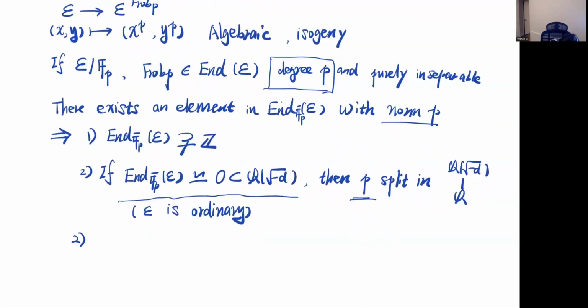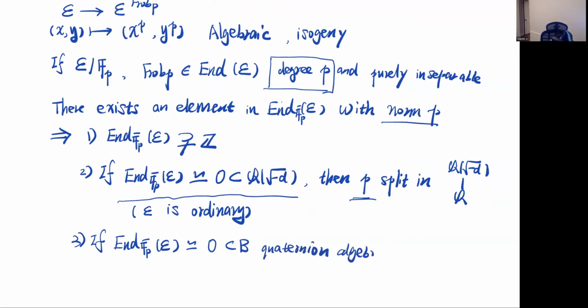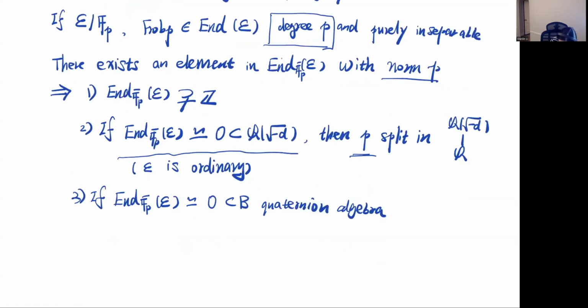And now let's discuss if the endomorphism ring is even bigger, an order O in a quaternion algebra. First of all, if this happens, we will call E supersingular.